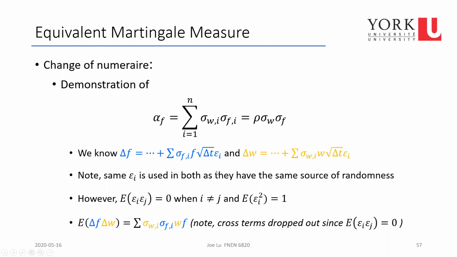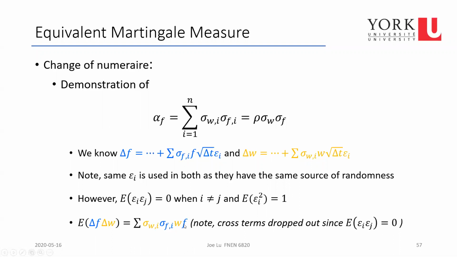And so if we look at the expectation of delta F times delta W, this thing here is really the drift term of the product. And the drift term of the product is really sigma Wi times sigma Fi, and then you've got the proportional factor W and F here.